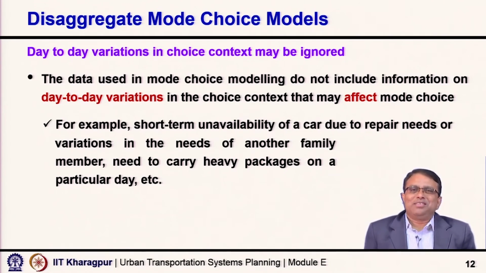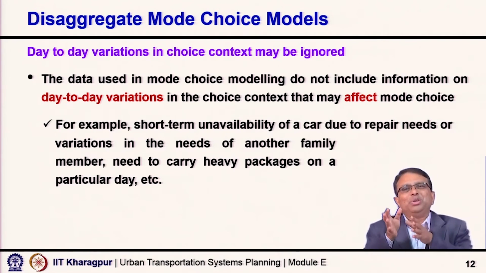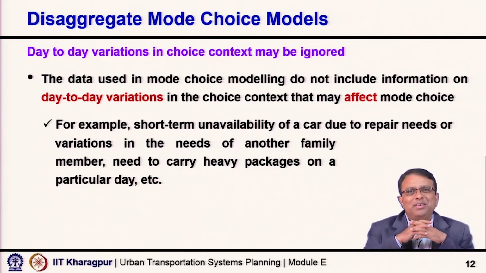So, what is the solution? How do we approach it? That brings us to the next step, which is deviating from the deterministic model and going to the probabilistic mode choice model. This is also disaggregate, but what we discussed till now was the deterministic disaggregate mode choice model.